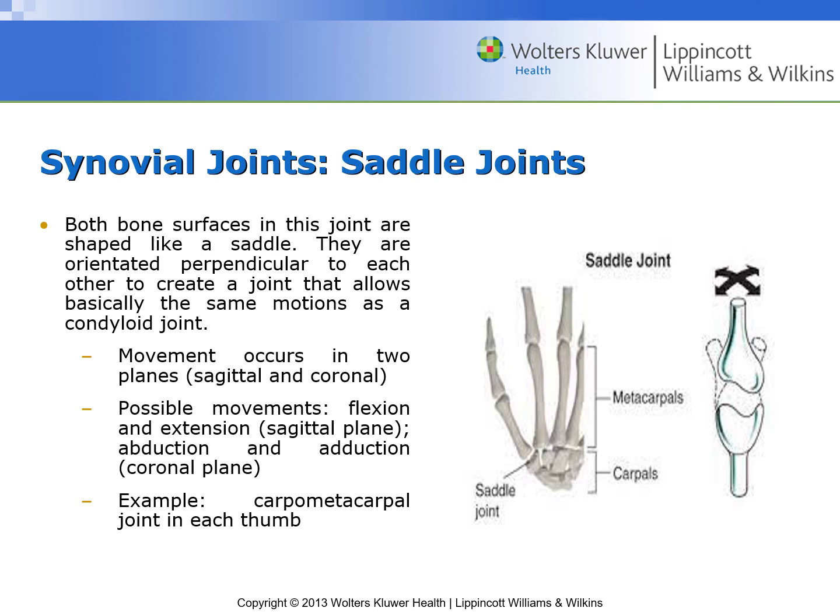Therefore, movement occurs in two planes, the sagittal and the coronal. The possible movements are flexion and extension, which occur in the sagittal plane, and abduction and adduction, which occur in the coronal plane. And the best example of a saddle joint is the carpometacarpal joint in each thumb.